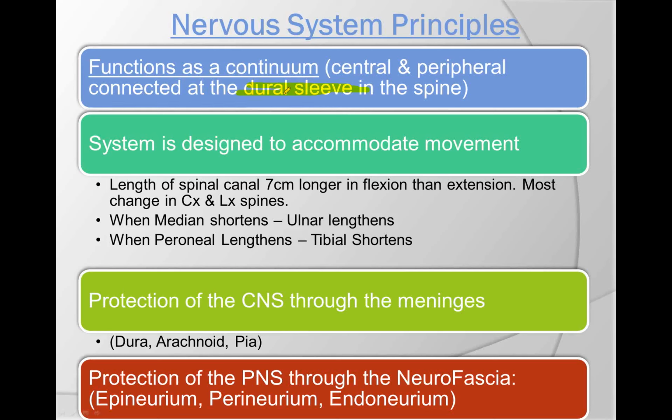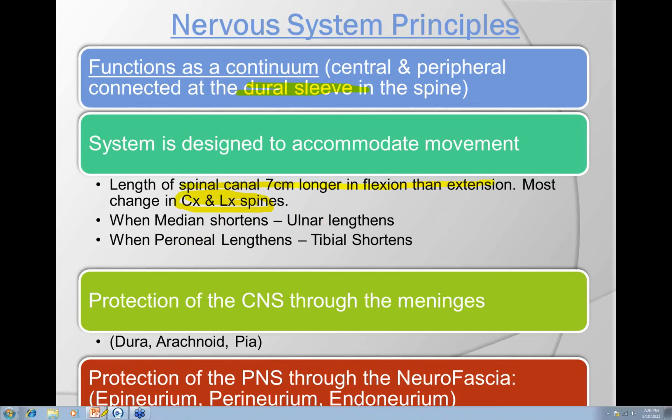The nervous system is designed to accommodate movement. Some examples: the spinal canal is 7 to 9 centimeters longer in flexion than in extension, and most of the change happens in the cervical and the lumbar spines. Also, let's think of the median and the ulnar nerves.